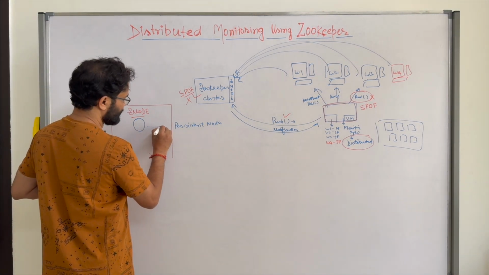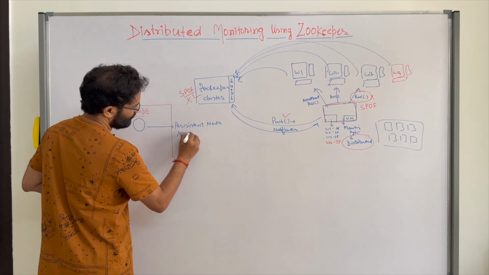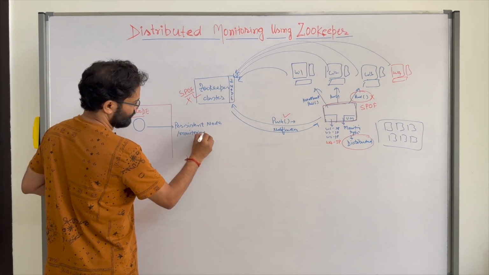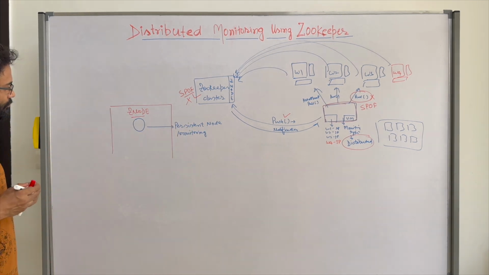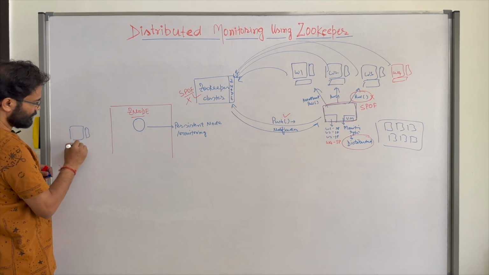This will be the persistent node, and give some name. No need to put any data. Just one name is sufficient. I will give the name monitor or monitoring, anything. Give the name, right?